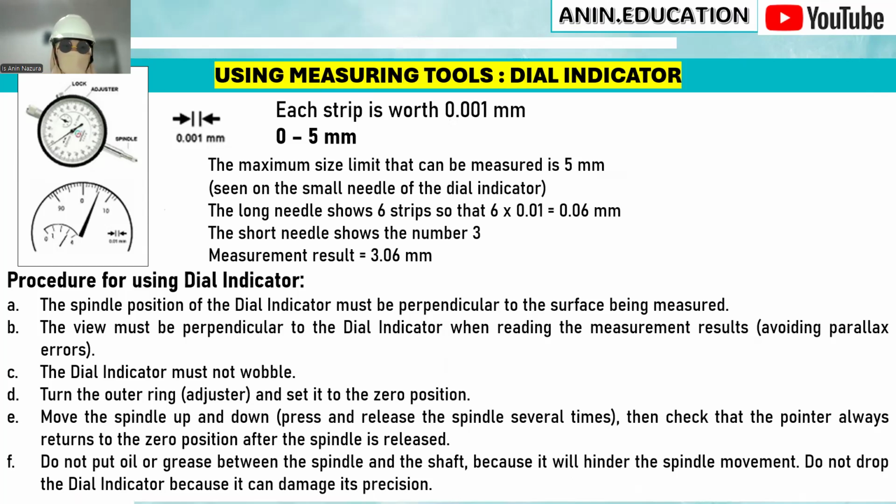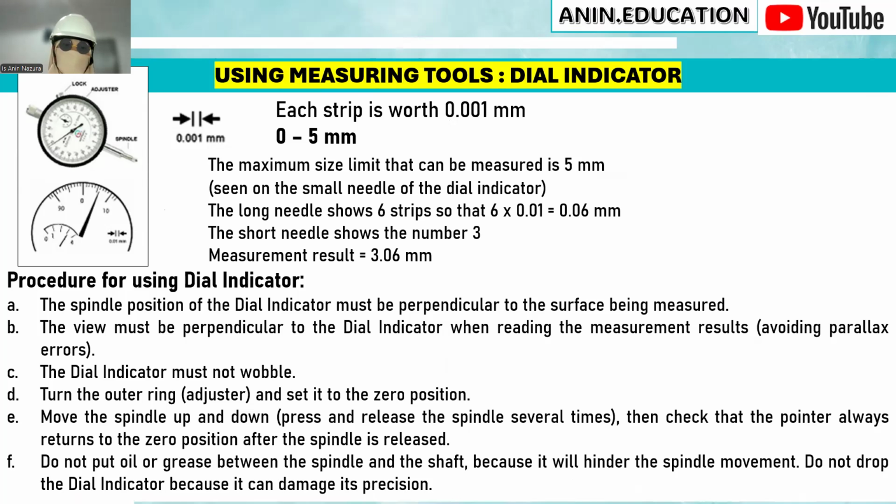Procedure for using dial indicator. The spindle position of the dial indicator must be perpendicular to the surface being measured, and the view must be perpendicular to the dial indicator when reading the measurement result, avoiding parallax error. The dial indicator must not wobble, and turn the outer ring adjuster and the side set in the zero position.